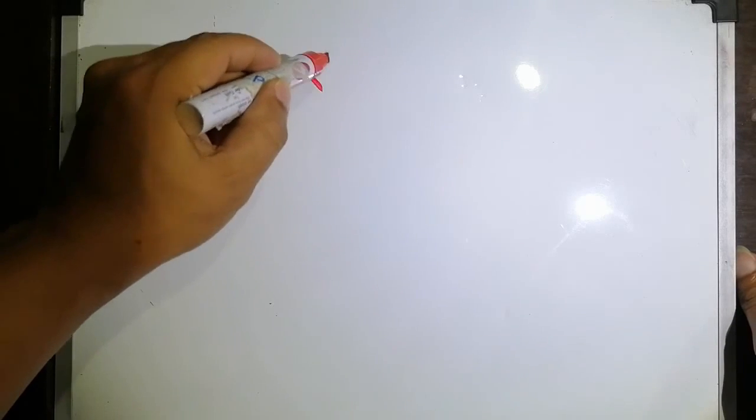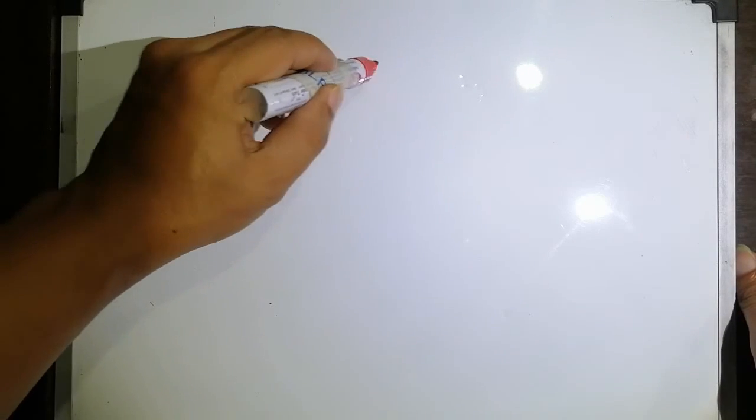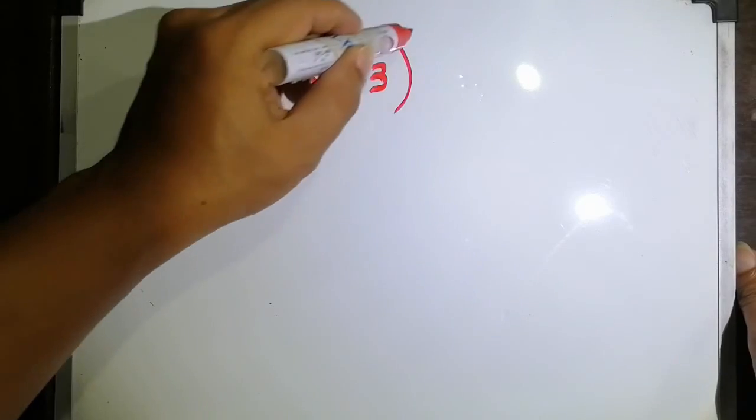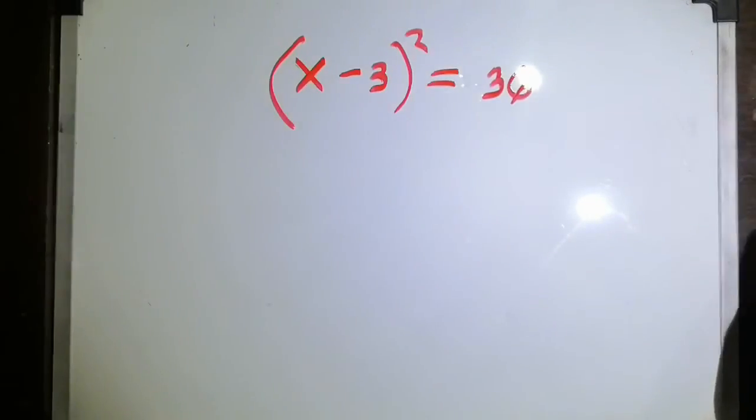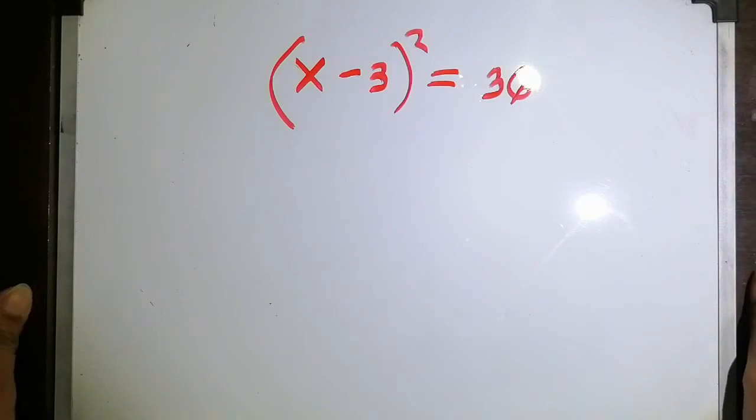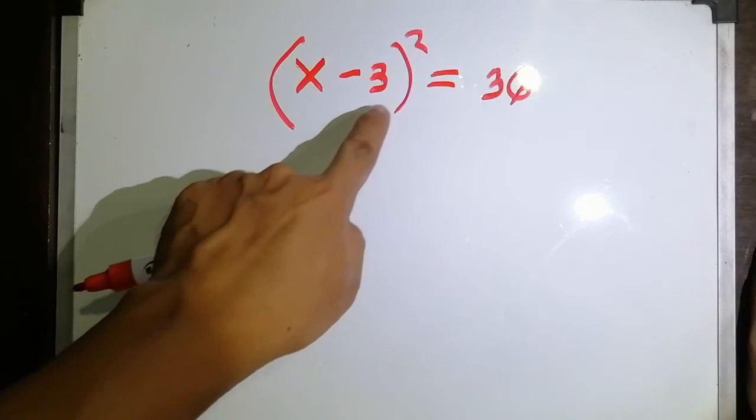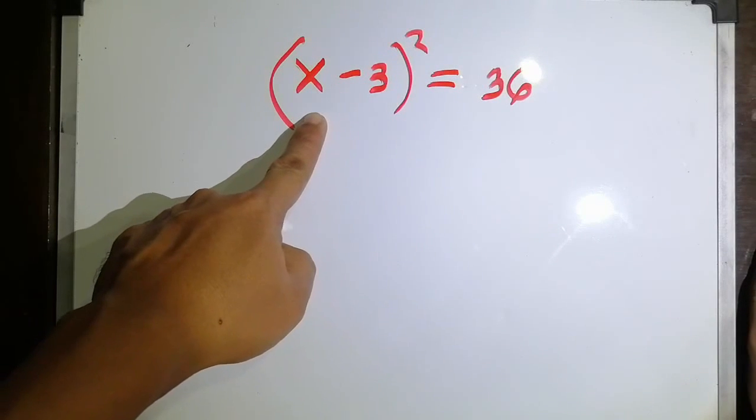Right, another example, if c is greater than 0. So if I have the square of x minus 3 equals 36. Okay, so ganyan yung ating equation. So mapapansin nyo meron tayong term inside the parentheses.